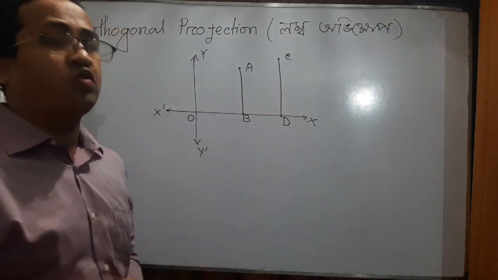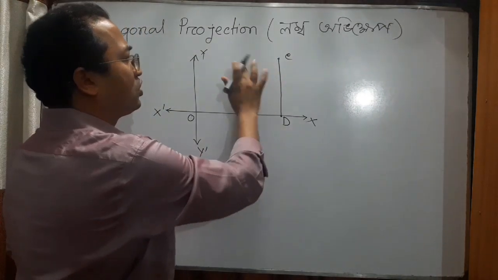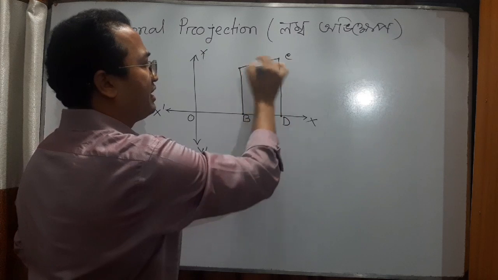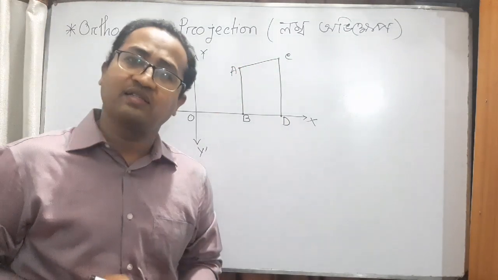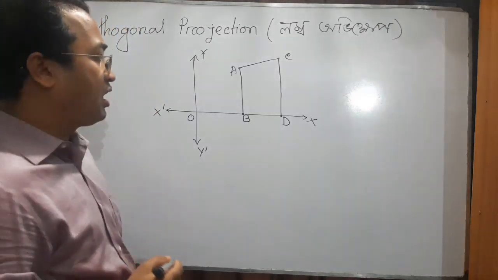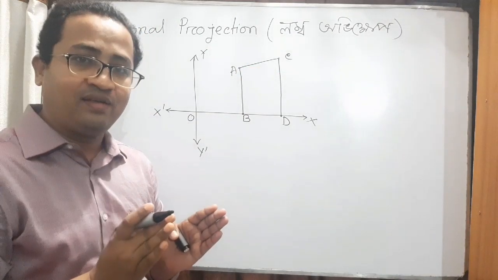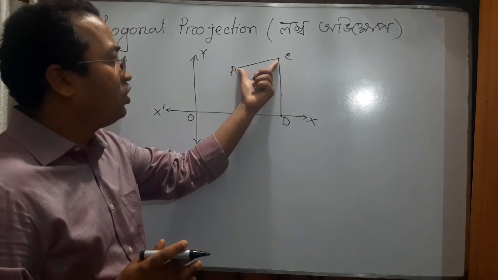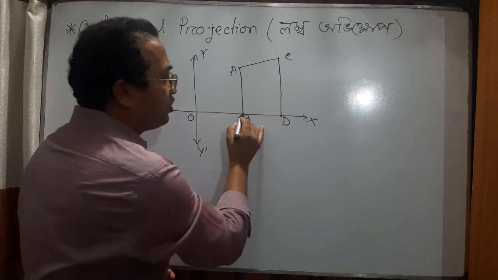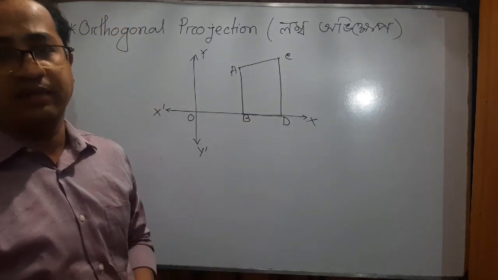Now the orthogonal projection of a line. Draw a line. Here AC is a line. Now what will be the orthogonal projection of the line AC? Look, BD will be the orthogonal projection of the line AC.